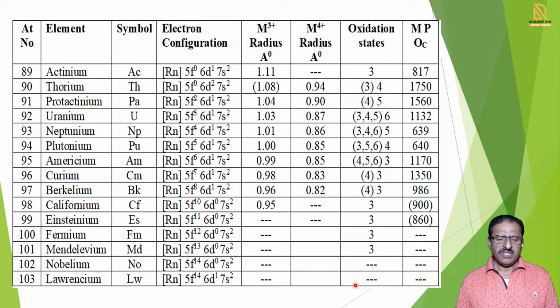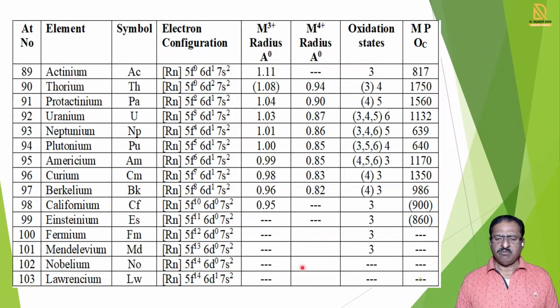In nobelium and lawrencium, the oxidation states are not known because these are radioactive elements and they are not stable. Their half-life is very short, so determination of their properties is also very difficult. So you see in the case of the radius of +3 and radius of +4, some radii are measured, but other radii are not measured.